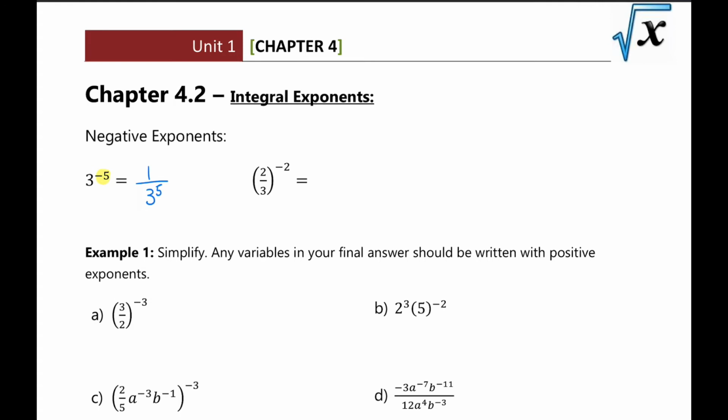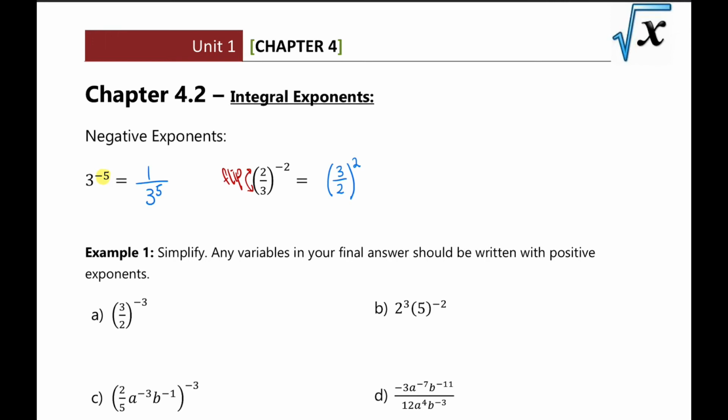For the second example here, we can just reciprocate the base on its own and keep the exponent positive. You can just flip the number here and switch the sign to positive.